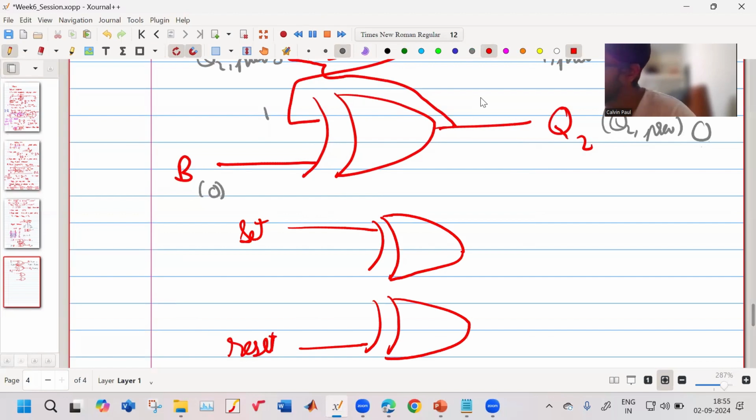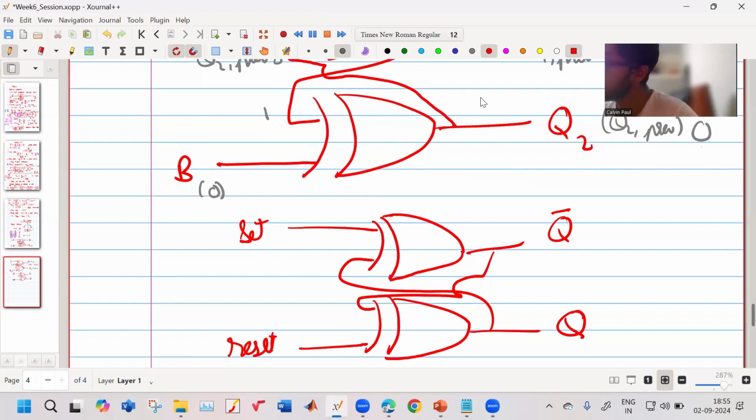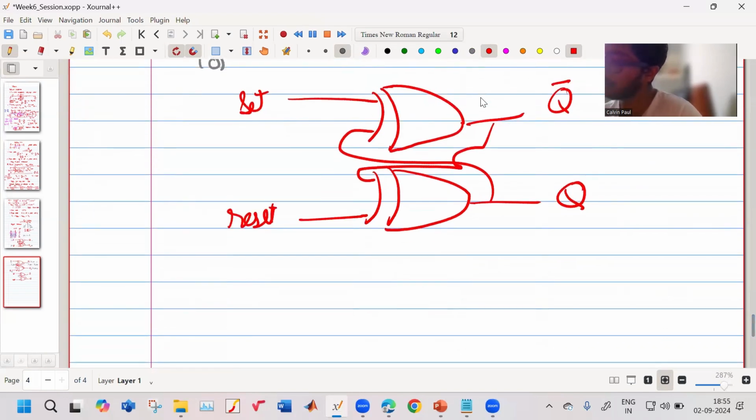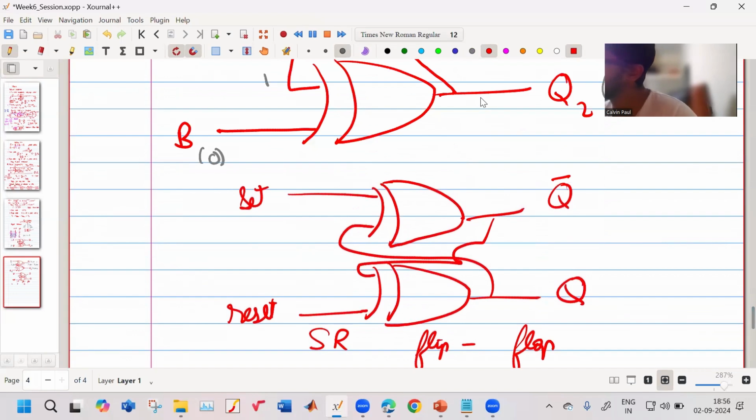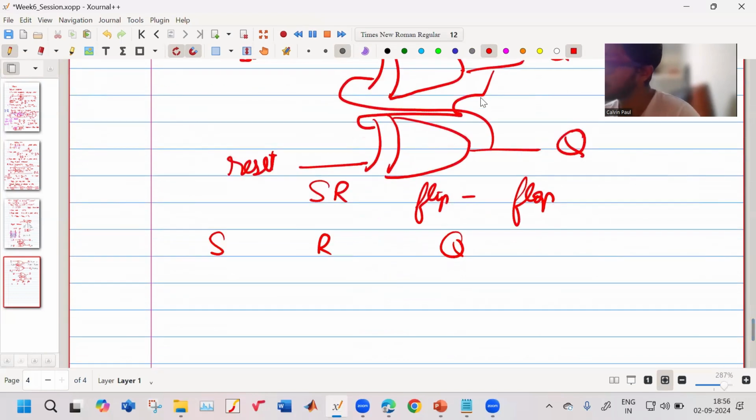This is my Q bar, this is my Q. So this comes here and this comes here. So this is the SR flip-flop. The logic over here is: this is S, this is R, this is Q, and this is the Q bar, which is the complementary, which we already showed.